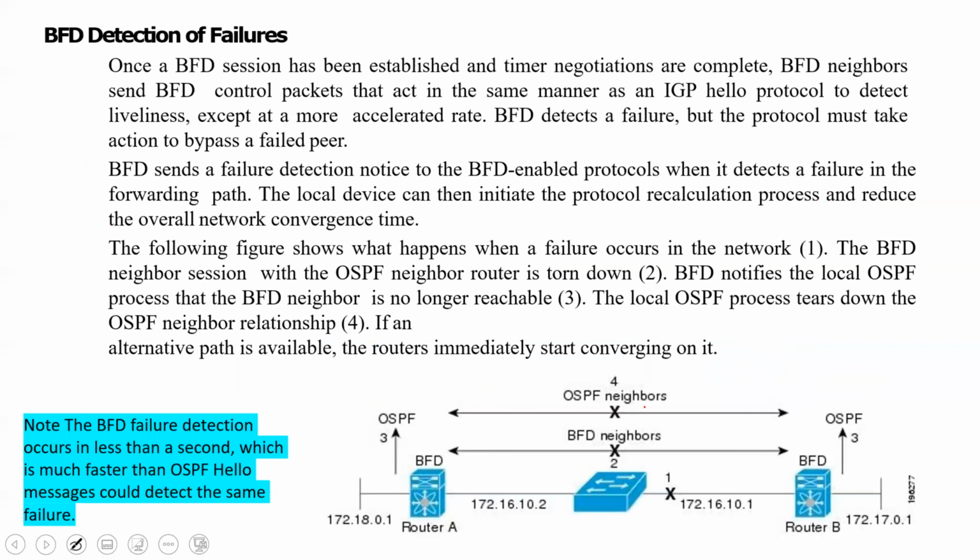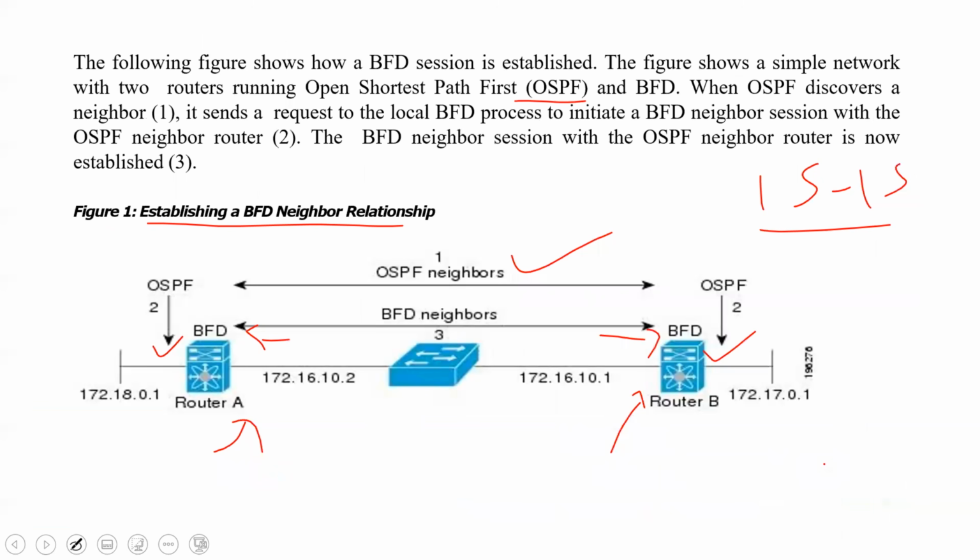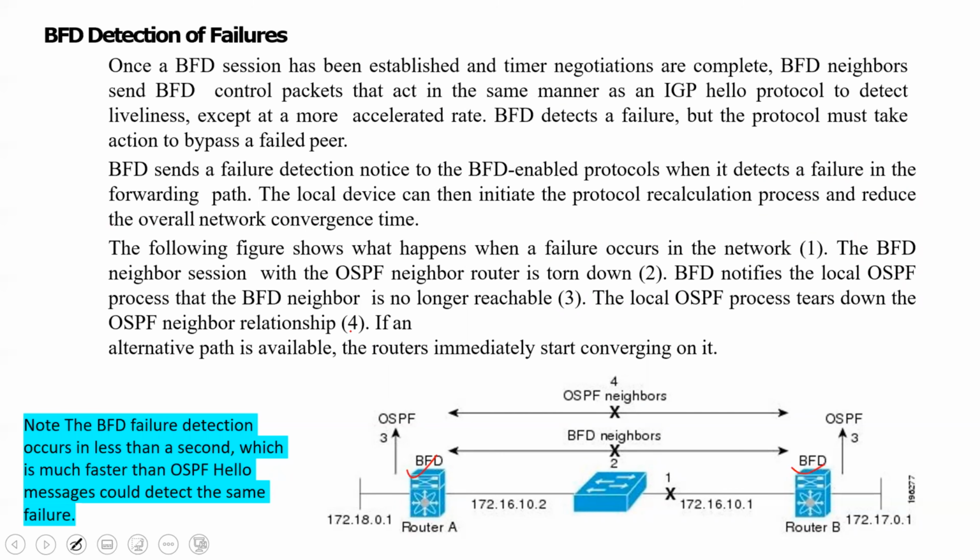In case of failure, we know that BFD works in sub-seconds, and the OSPF hello timer is much higher than BFD. So once you establish the BFD session between two neighbors, as per your OSPF BFD configuration, you have established the BFD relationship or BFD session between the two neighbors.